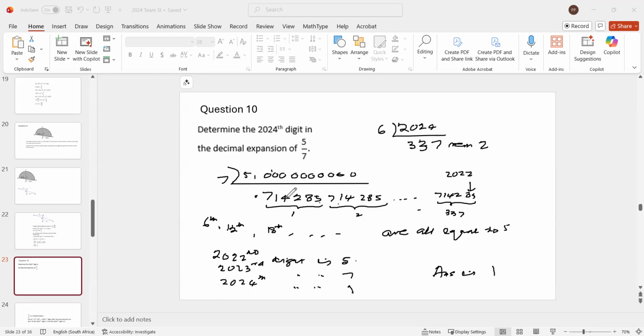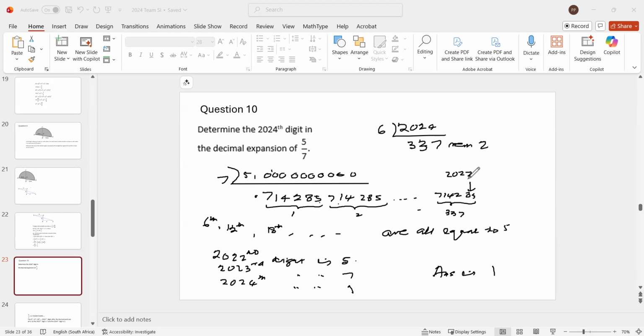The idea is they go in groups of 6. So you want to know how many groups of 6 are there in 2024. And you'll notice that there are 337 groups of 6. And so in the last group of 6, you will have 5 because 5 is the last digit of each group.